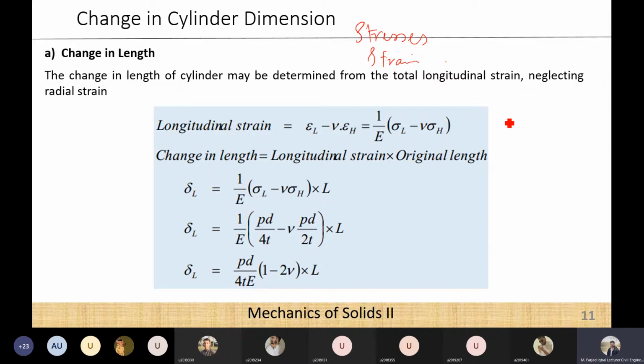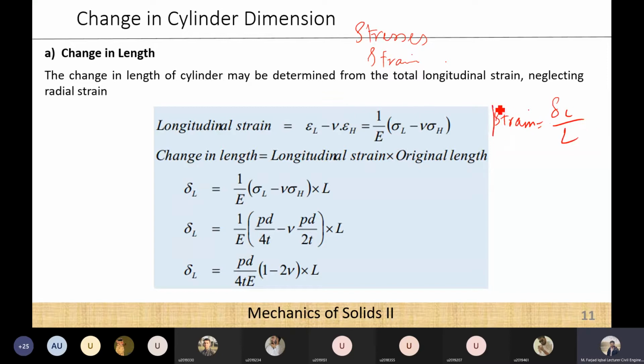And as you are aware, I will solve this derivation over here. We know that if I want to represent the strain, that is equal to change in length over original length, right?